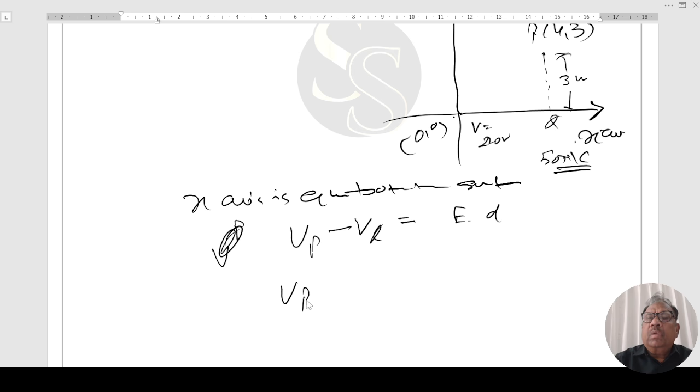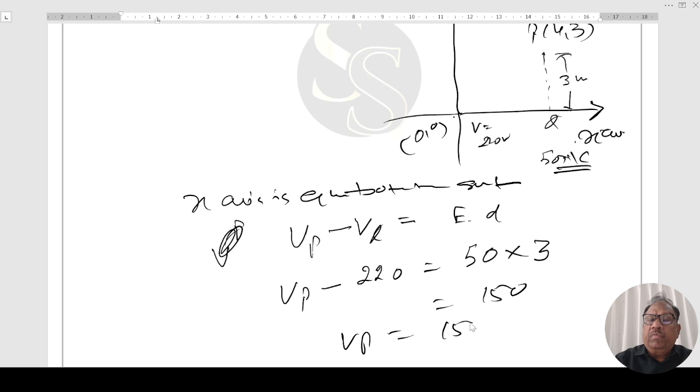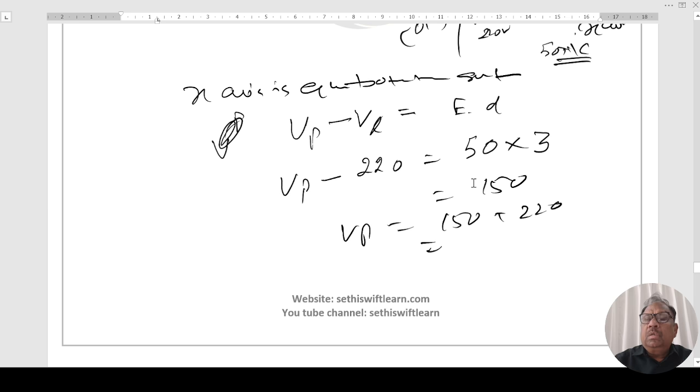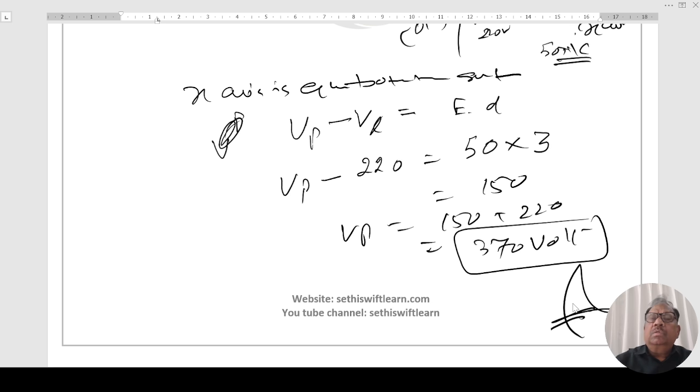VP minus 220 equals 50 into 3, that comes out to 150. VP comes out to 150 plus 220, that is 370 volt. This is the answer.